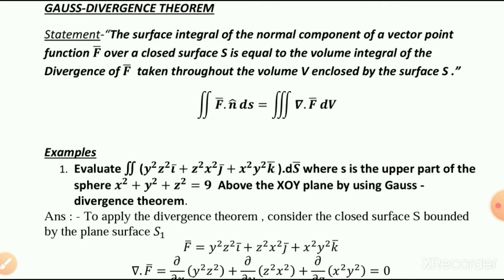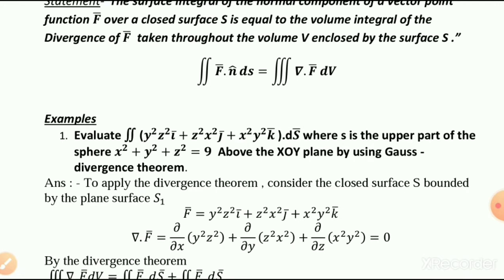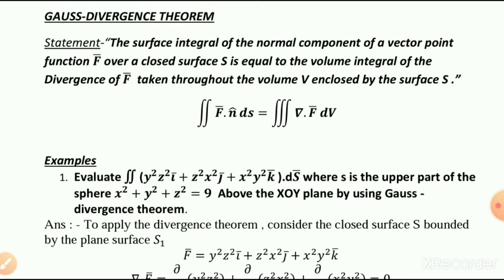We have already learned how to find line integral, surface integral and volume integral. If we consider only single integration or line integral, it gives the area under the curve or area between two curves.